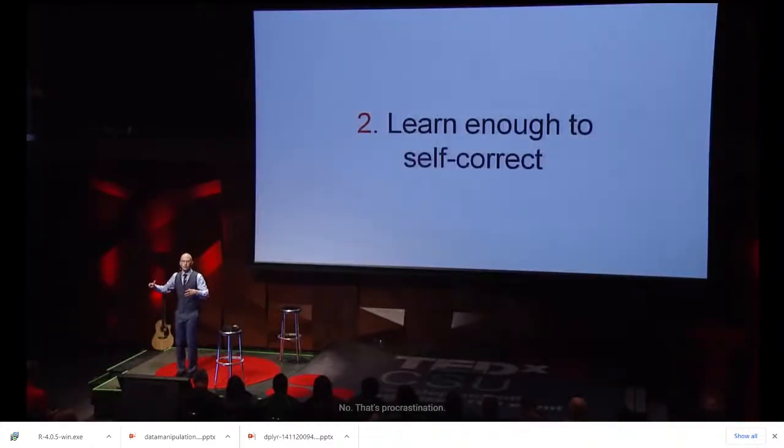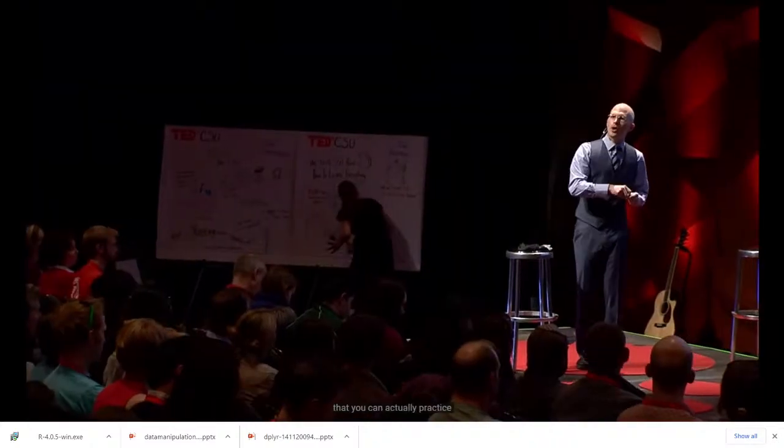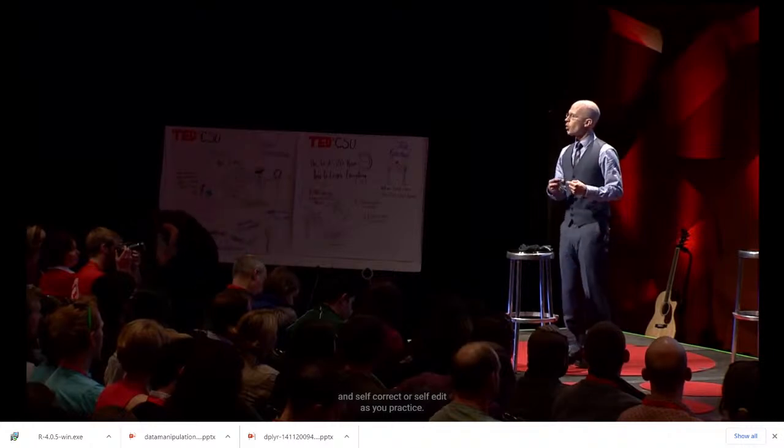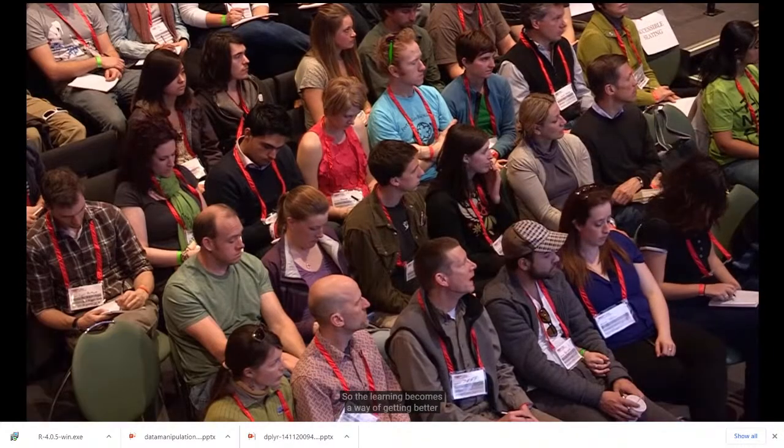No, that's procrastination. What you want to do is learn just enough that you can actually practice and self-correct or self-edit as you practice. So the learning becomes a way of getting better at noticing when you're making a mistake and then doing something a little different.